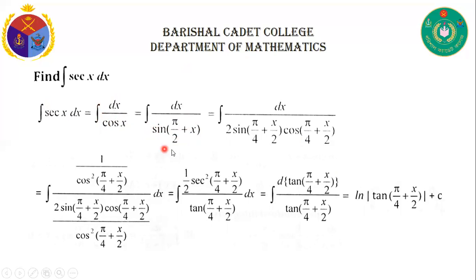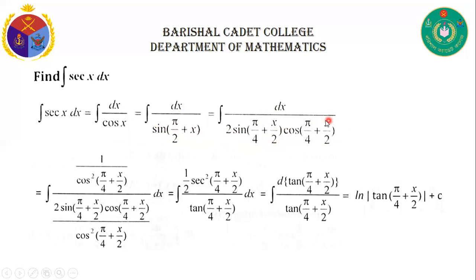Using the trigonometry formula sin 2a is 2 sin a by 2 cos a by 2, we get 2 sin of pi by 4 plus x by 2 and cos of pi by 4 plus x by 2.